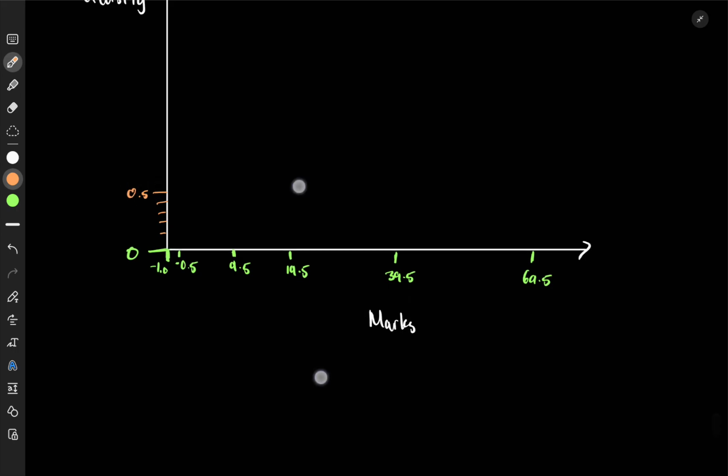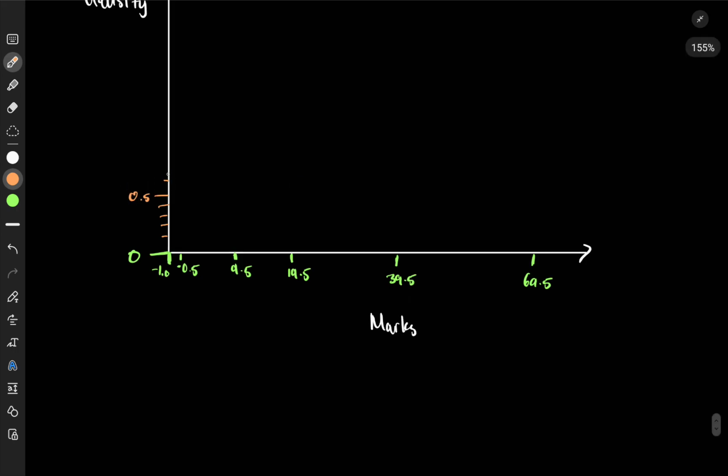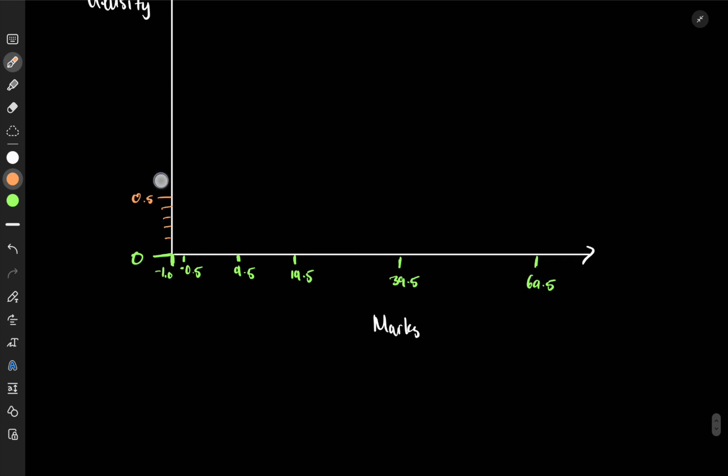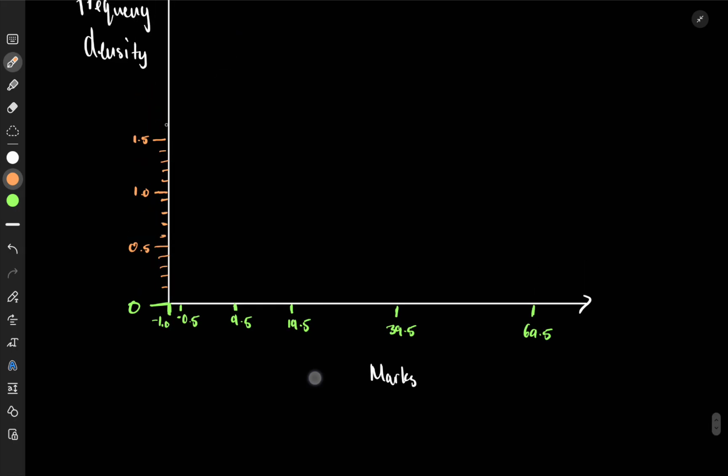So this is 0.5, then 0.6 is here. Then 0.7, then 0.8, then 0.9. Then here we have our 1.0. Then we have 1.1, 1.2, 1.3, 1.4. Here we have our 1.5, and we go 1.6, then 1.7.